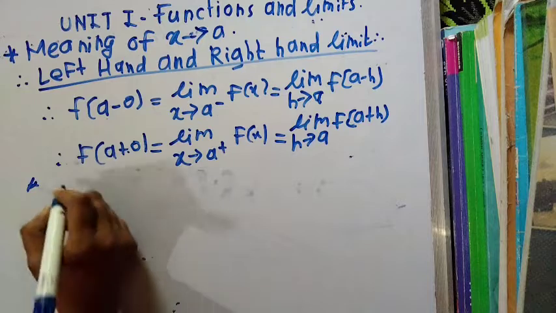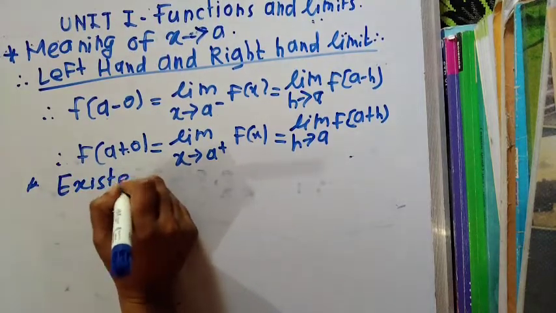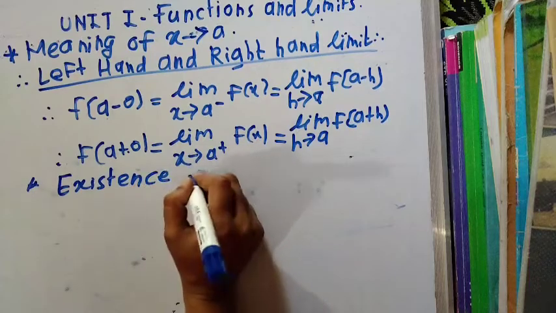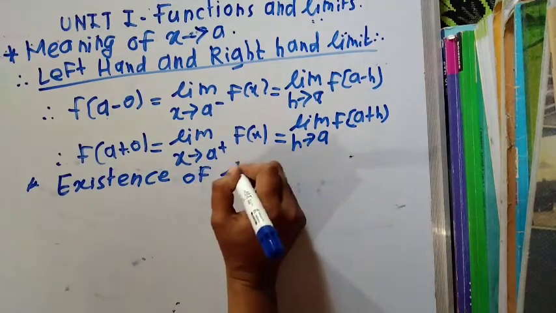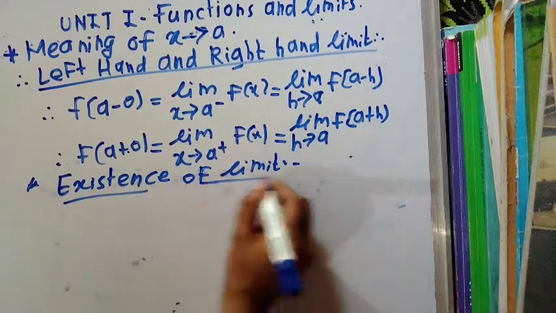Then next point is existence of limit. When does a limit exist? Existence of limit.